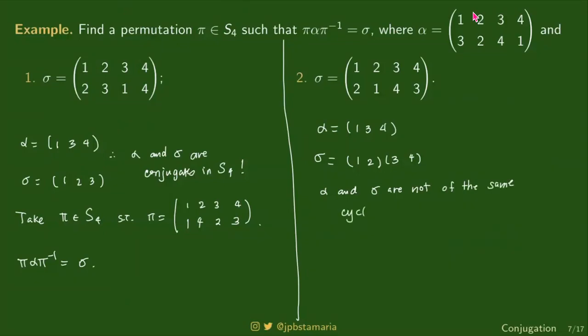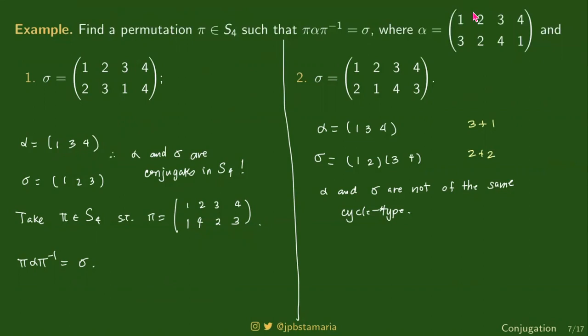Kasi itong nauna, si alpha ay 3 plus 1. Ang isipin ko ng 3 plus 1, yung tatlo umiikot. May 3-cycle ka, tsaka may isang element na hindi gumagalaw. While sigma is a 2 plus 2 type. When I say 2 plus 2, dalawang 2-cycles. Did you understand? Yung notation ko na 3 plus 1 tsaka 2 plus 2.